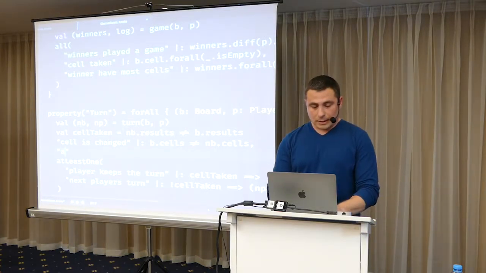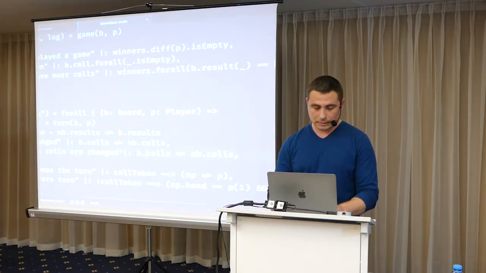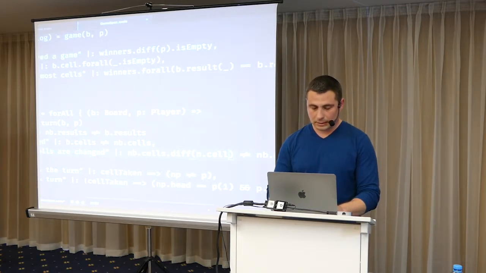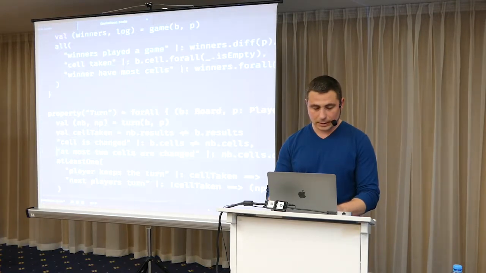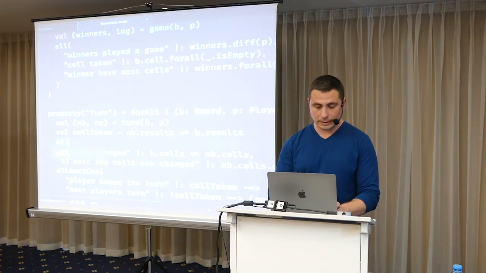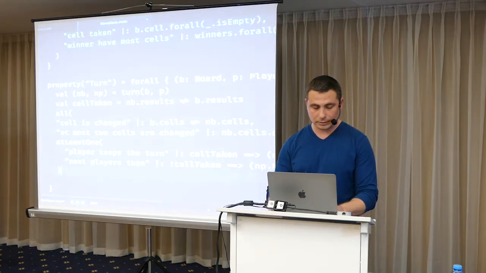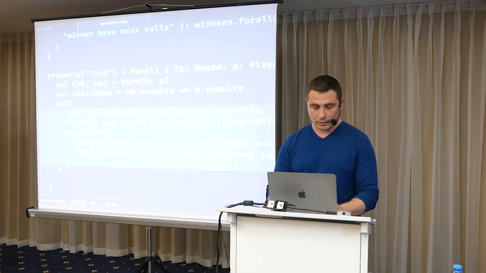So at most 2 cells are changed, and in the same way we say, okay, the new board cells differ from the board cells, and the size of the difference is less than 3. And now we say, okay, all of this should be true for our turn to make sense.